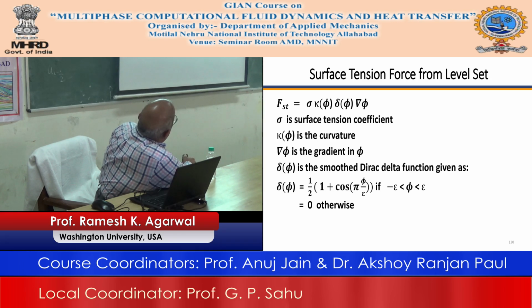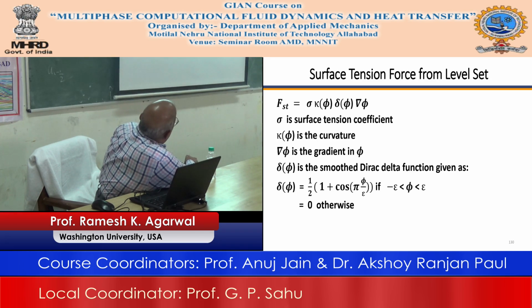But now this delta phi, which is a Dirac delta function, which could acquire a value of 1 in a sharp interface, is now dealt with like this. So epsilon and minus epsilon define at the interface a slight distance, whether you are in a liquid or you are in gas. If it is minus, it could be a liquid, and if it is plus, it could be a gas.